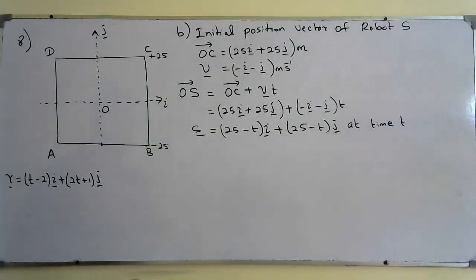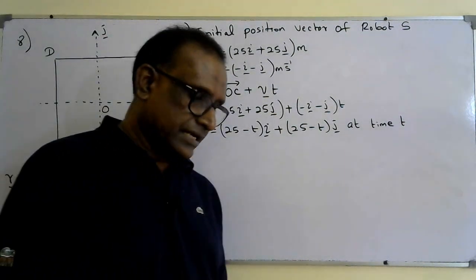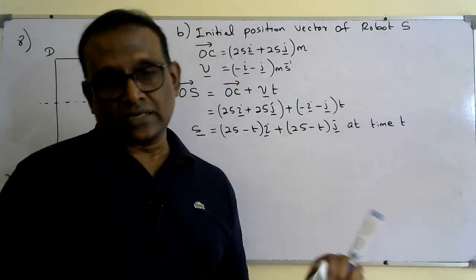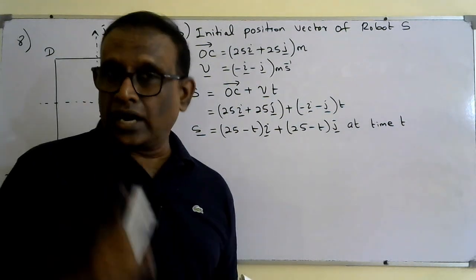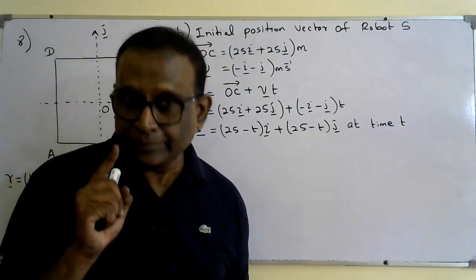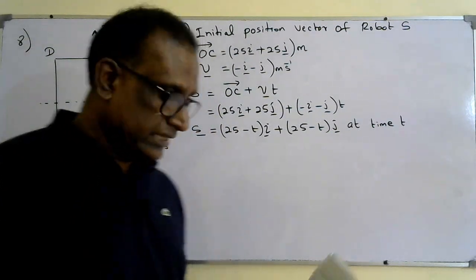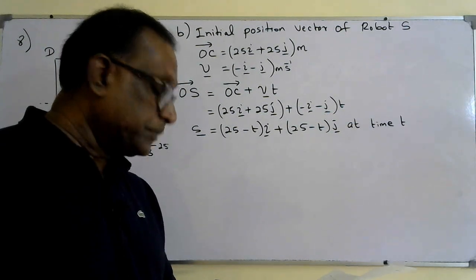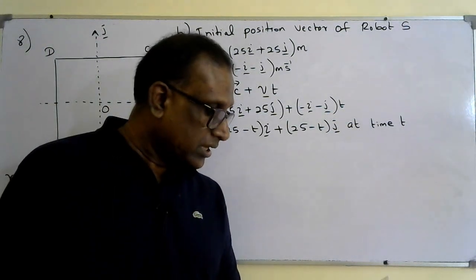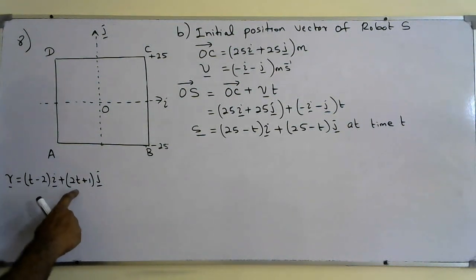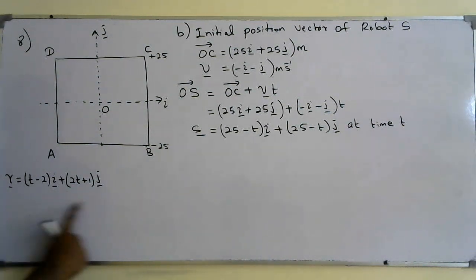Okay, so now the C part. They are asking to show that SR... So we found the OR, position vector of robot R at time t. We already found it in the first part: (t minus 2)i plus (2t plus 1)j.